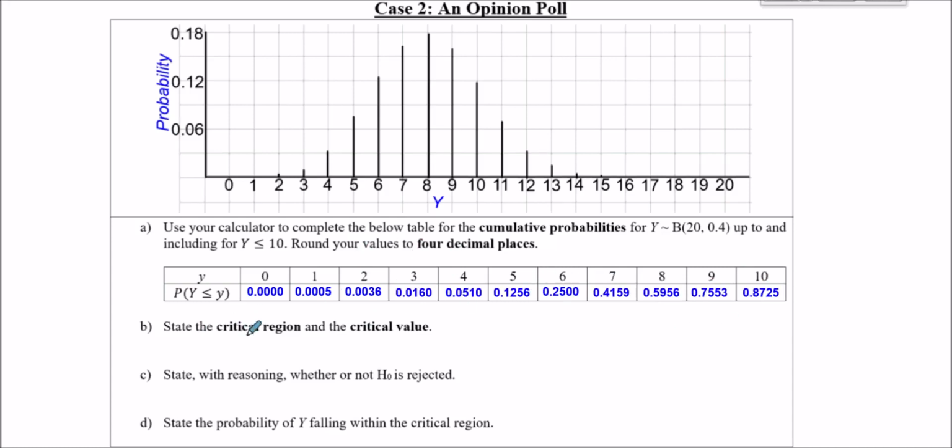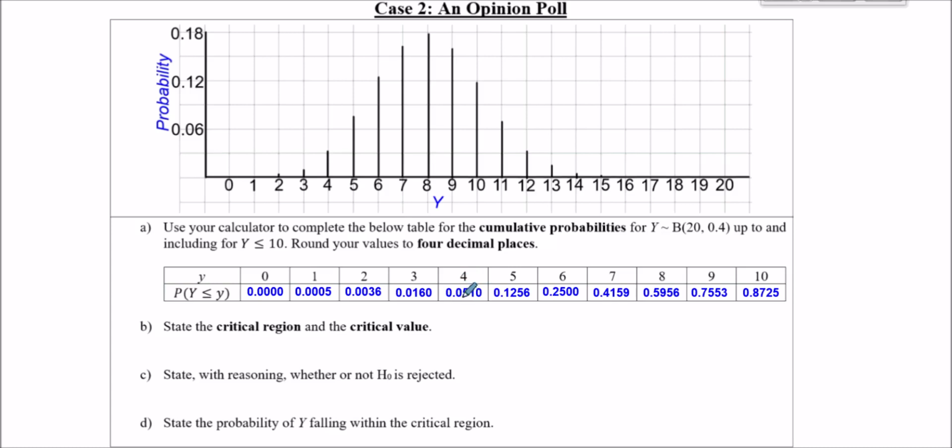Now we need to think about what the critical region of this distribution is. The critical region is where we'd reject H0, so when the chance of y being up to and including little y is no more than 0.02. Remember, 2% significance. And so that's next to nothing. That's small. This is small, as is this. When we go to 4 or higher, that becomes over 0.02.